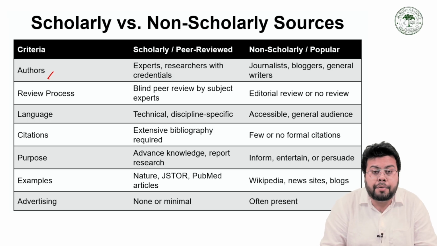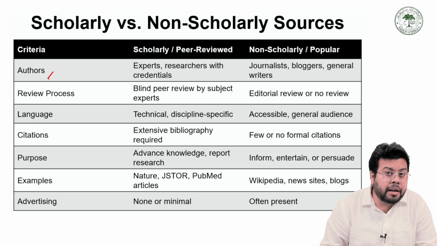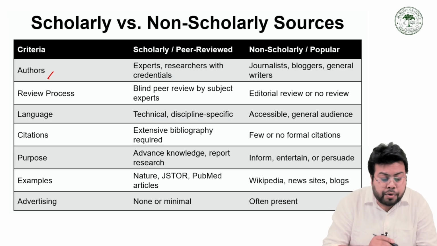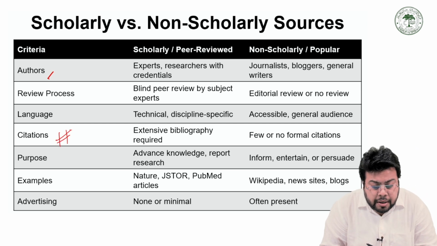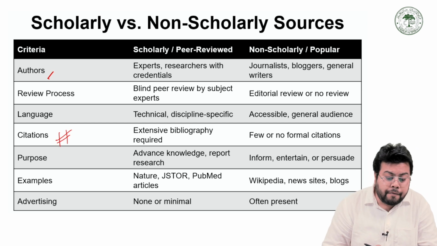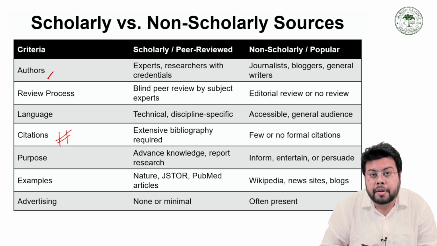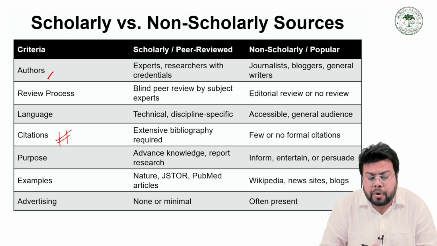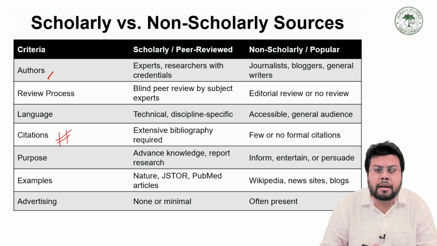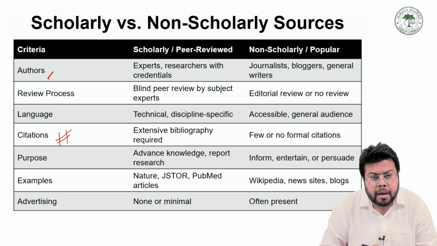For scholarly peer-reviewed sources, another criterion is citations, which is very important. Citation is about whether it has the extensive bibliography required. For non-scholarly or popular sources, we have few citations.